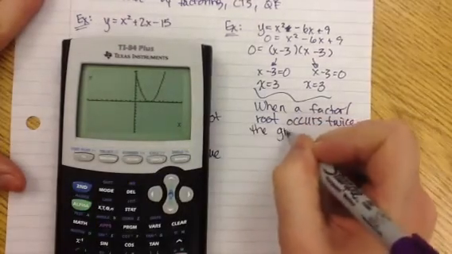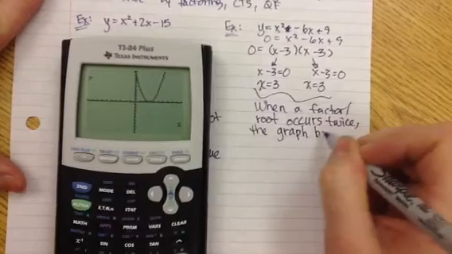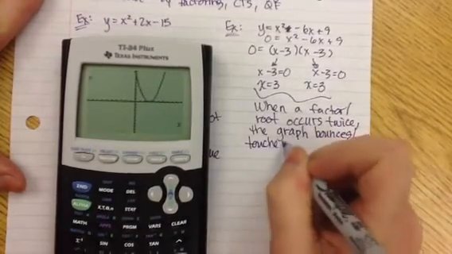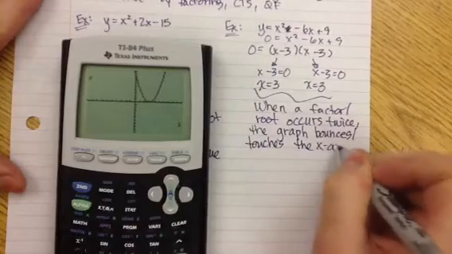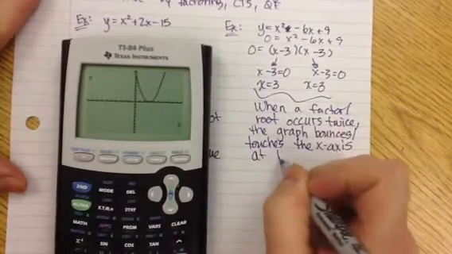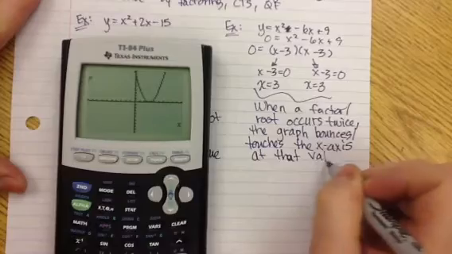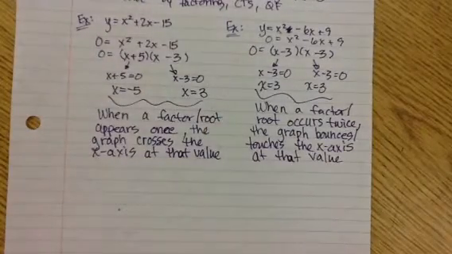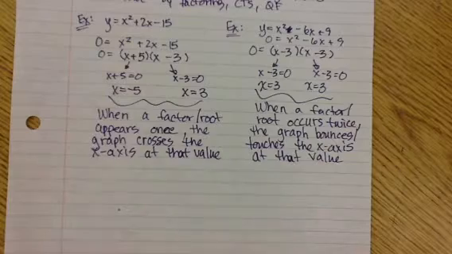The graph either bounces or touches the x-axis at that value. And that's actually an important concept that we need to talk about, called multiplicity.